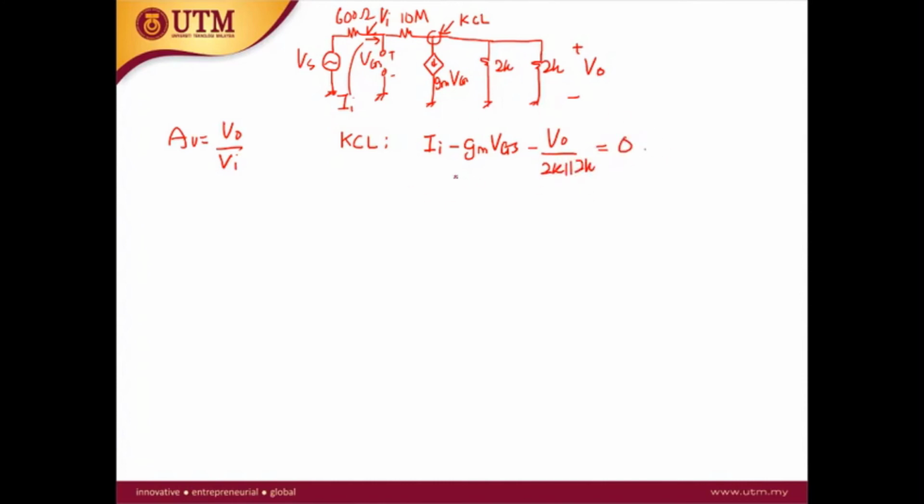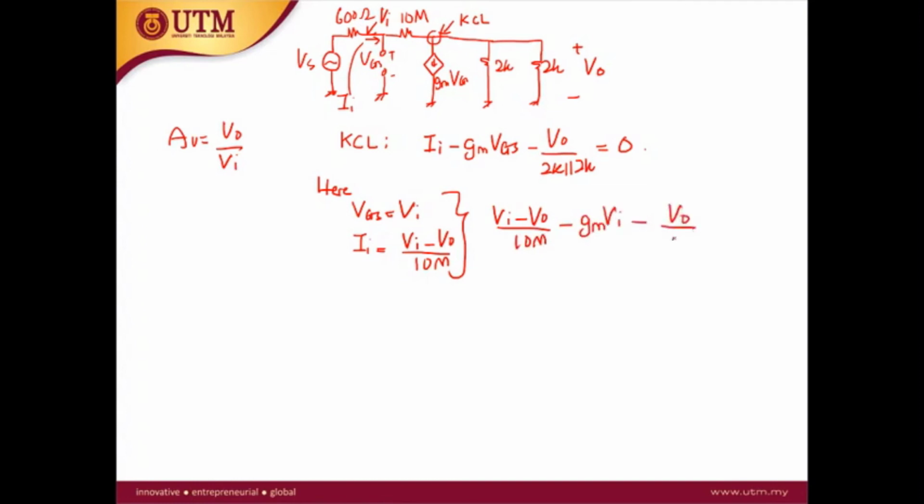This is the KCL. Okay. Here we define the VGS is equal to VI. And another is that II is equal to VI minus V out over 10 mega. So from these two equations, the KCL can be rewritten as VI minus V out over 10 mega minus GM times VI minus V out over 2K parallel with 2K, which is 1K, equal to 0.